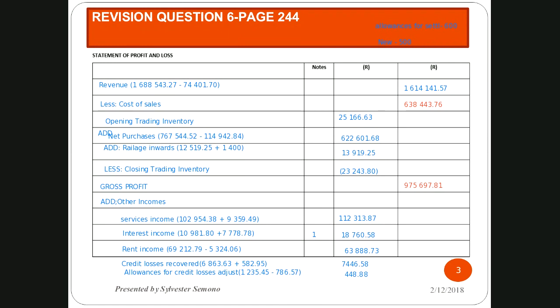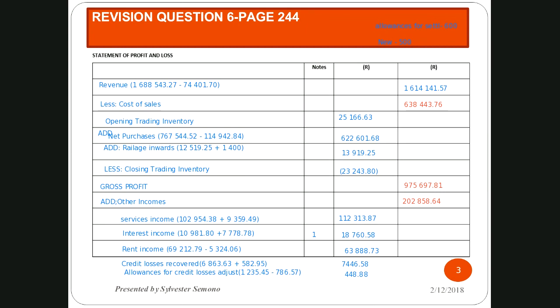So now we have to add gross profit and other incomes. Guys, I'm going to still write it here at the bottom for you because I don't want to go to the next slide. It's going to disappear. So I'm going to put it here. So if we add the gross profit and the other incomes, we get gross income.